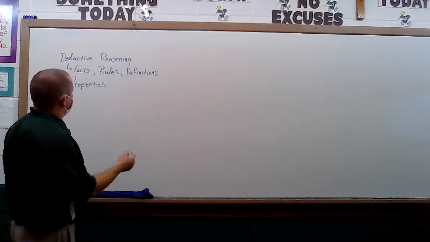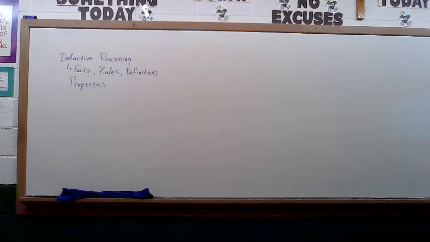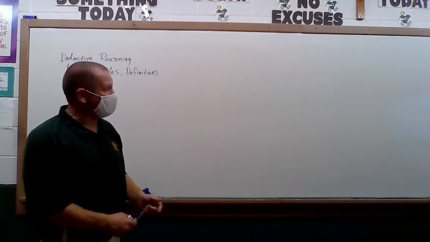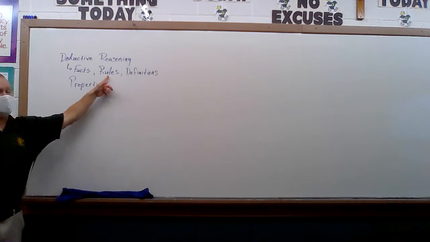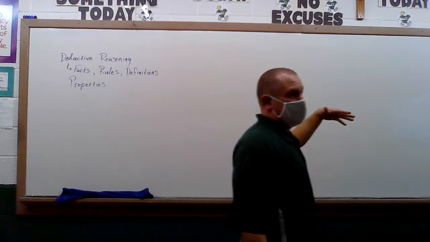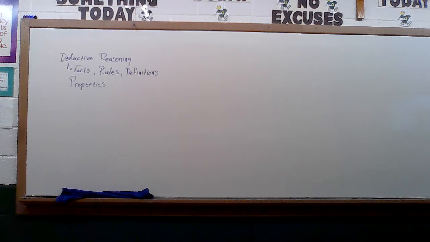Okay? And we're going to use those things that are true about whatever we're talking about. Definitions is what you can look up in like a glossary or an index, right? The rules of something, you can have a list of them, and if you follow them, they should actually show you what you're going through.